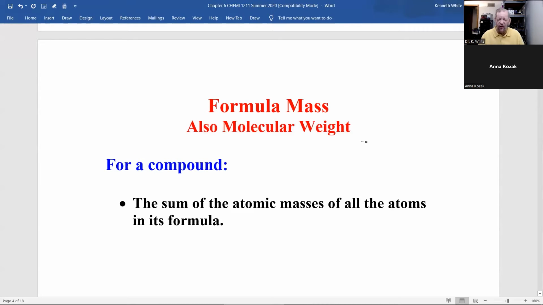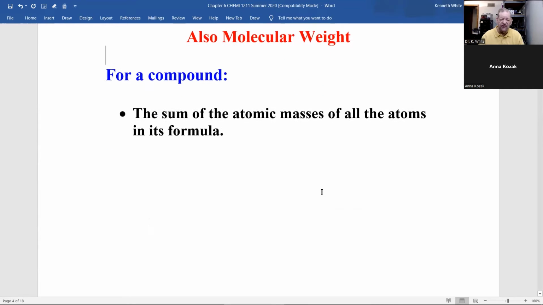Formula mass, also molecular weight, for a compound is the sum of all atomic masses of the elements in its formula. The molecular weight for a compound, a molecule, is the sum of all atomic masses of all the atoms in its formula.